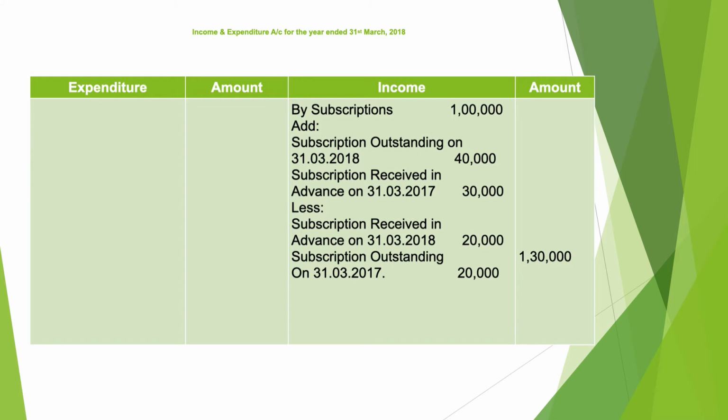Then two items will be deducted: subscription received in advance in current year for future year, that is 20,000, and outstanding subscription of previous year of 20,000. So after the treatment, the net amount is 1,30,000. It will be shown in the income and expenditure account. So basically what treatment is done, all the items which relate to the previous year and future year are reduced, and income of the current year, whether received or not received, is added.